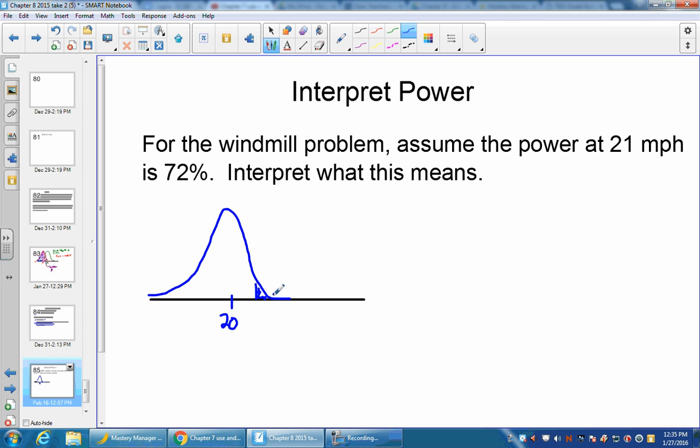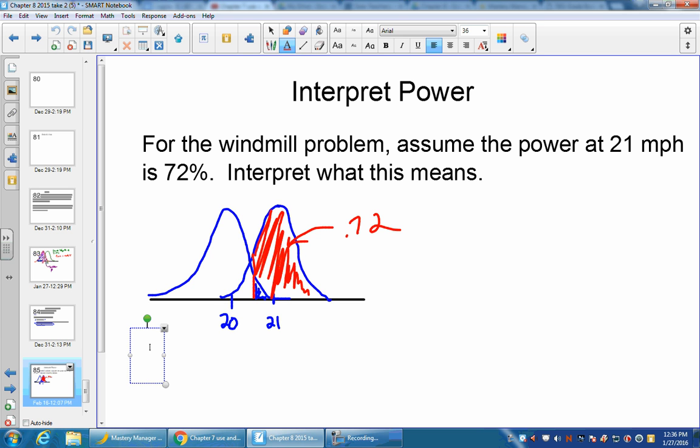So 21 maybe is here. If I draw the mean around 21 and draw my line up, the power is saying that this over here is 72%. So if the mean truly is 21 miles per hour, 72% of the time I'll reject this null hypothesis.